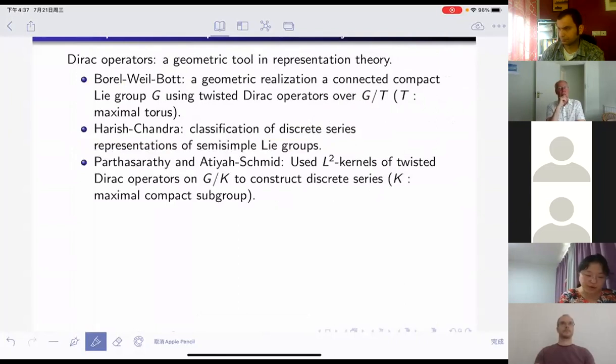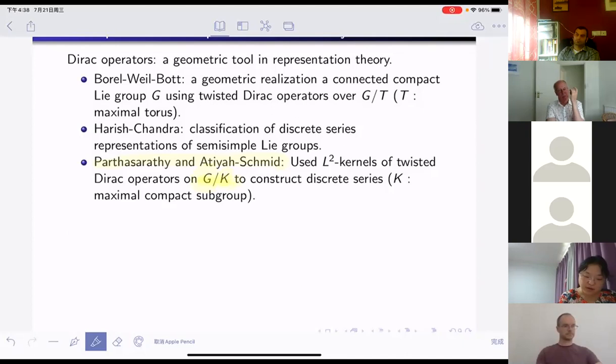And I'm going to give the example of Parthasarathy and Atiyah-Schmid. They also construct some geometric operators on the homogeneous space. And this time, the homogeneous space is non-compact, consisting of the semi-simple Lie group G divided by a maximal compact subgroup.